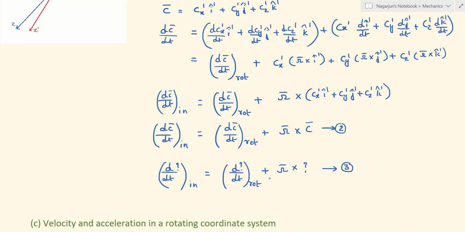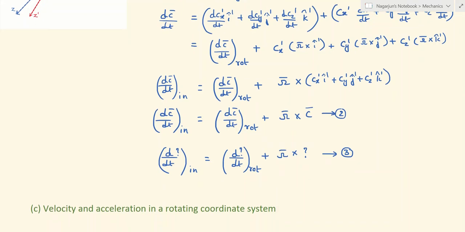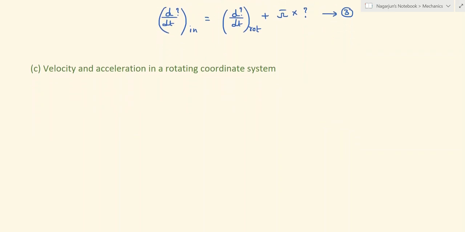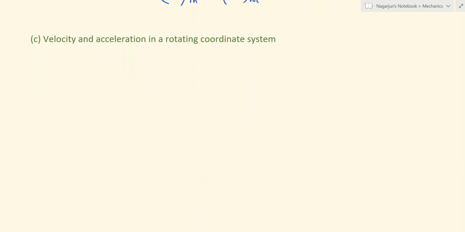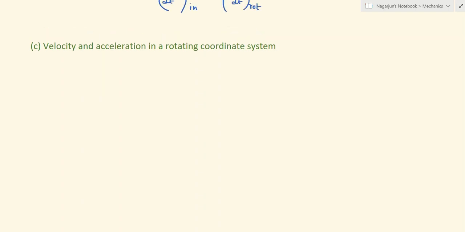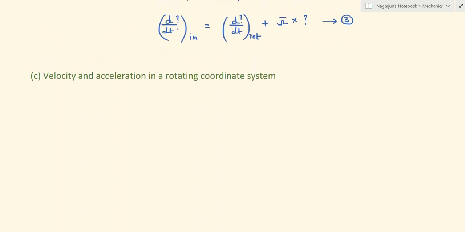It looks like an operator. So I can operate it on any vector of my choice. Taking this advantage, let us apply it on a position vector. So in the third part of the discussion, we are going to now express velocity and acceleration in a rotating coordinate system. So as I have a choice to express any vector in this equation 3, let me substitute position vector r bar.